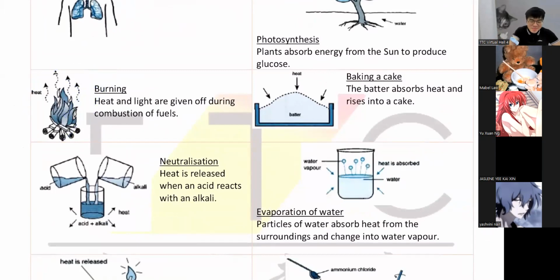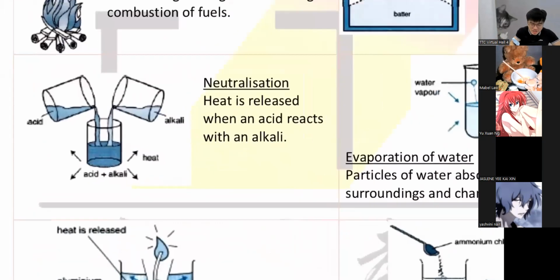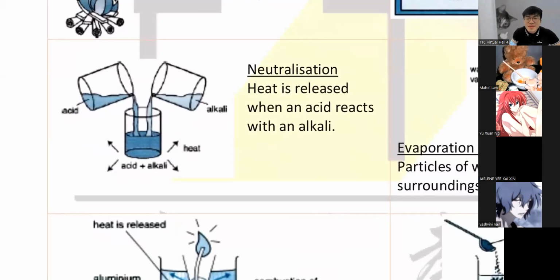Pretty lame, isn't it? All right, next, neutralization. I hope you still remember what this is. You learned this in Form 2, Chapter 6, when you add acid and alkali. Remember, when you add acid and alkali, this is called neutralization. BM is called pneutralan. So when you do neutralization, heat is released.